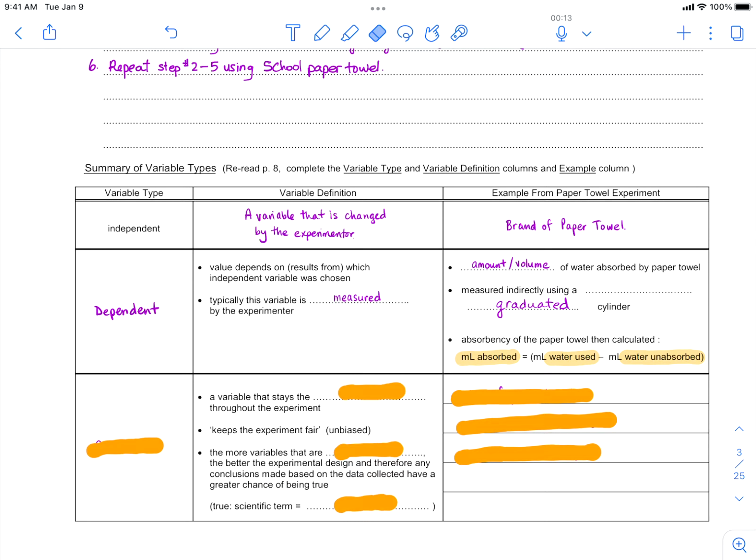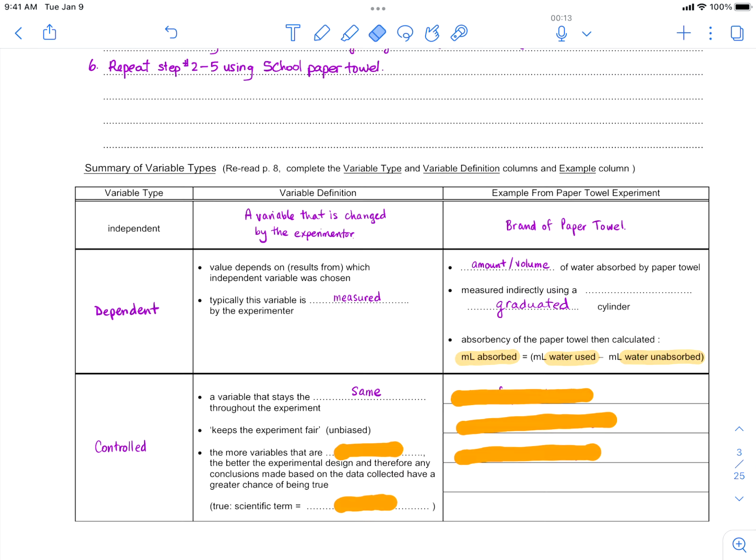The last kind of variable are the ones that students usually get pretty easily, and these are the controlled variables. This is a variable that stays the same throughout the experiment. The reason we keep these variables the same is because they keep the experiment fair, so that it's unbiased.